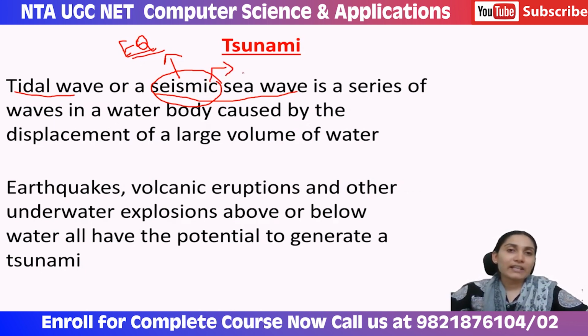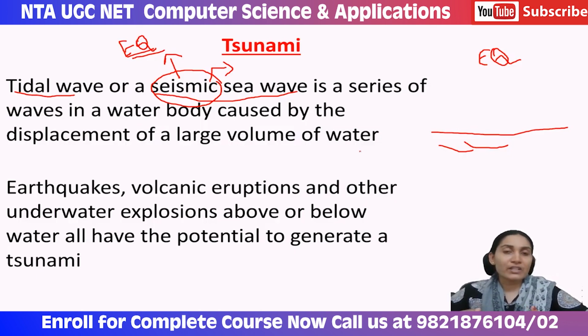Now seismic sea wave means, in case of earthquake, what happens? We have discussed that beneath the surface of the earth there are various plates, and the movement of these plates releases energy, and this energy is brought to the surface of the earth in the form of waves.